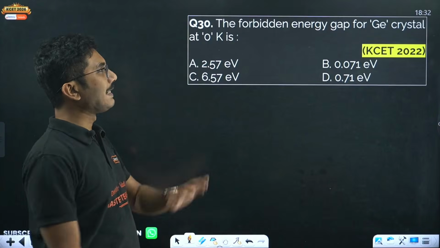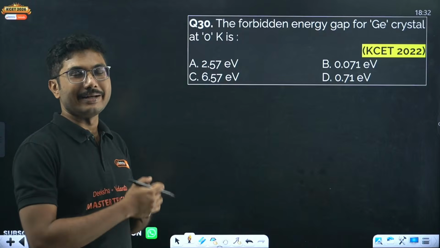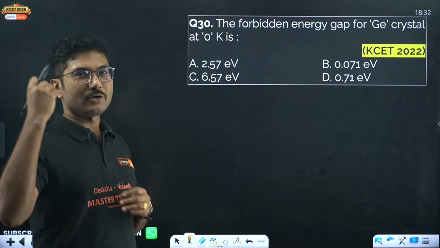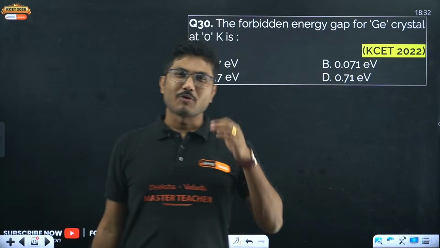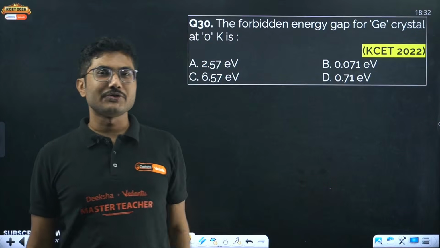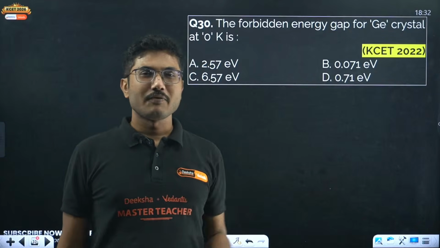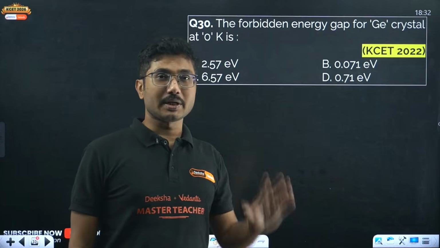Even in the morning before the exam I predicted the forbidden energy gap for germanium. Even if you were going to fail, you could easily have scored 45 plus from that one 30-minute lecture. My predictions about the 5 marker and 2-3 marker questions were all correct.